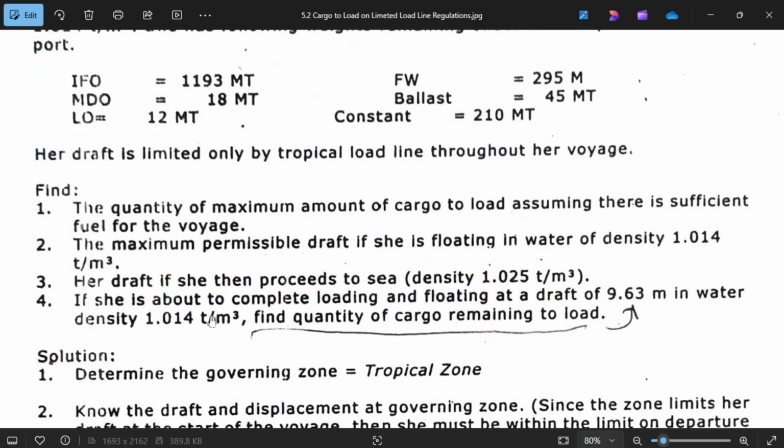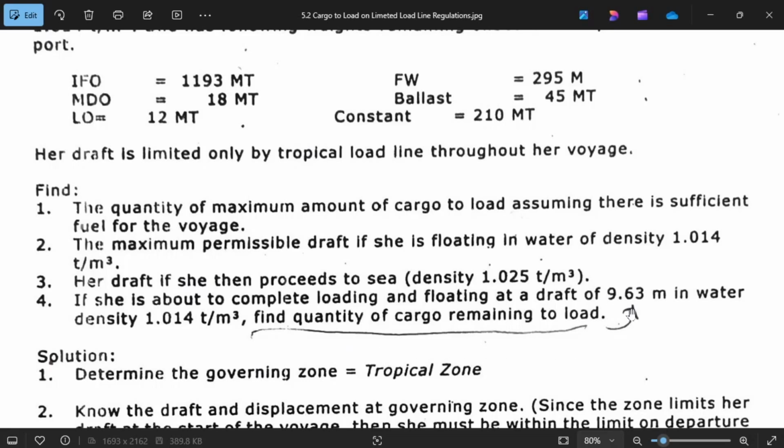Number 4, if she is about to complete loading and floating at a draft of 9.63 in a water density of 1.014, find the quantity of remaining cargo to load. Take note, guys, when the foreman says stop loading, Chief, please stop loading and make a draft check with the draft surveyor around the vessel so that you can compute how much remaining cargo to load.